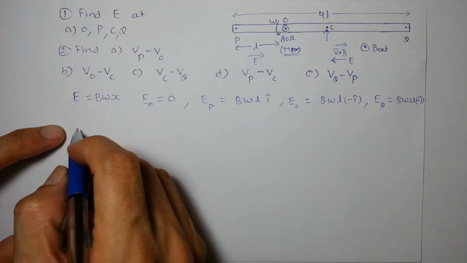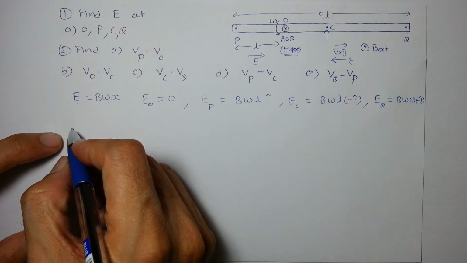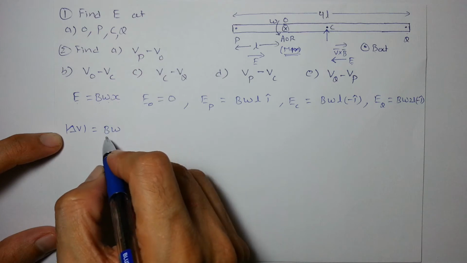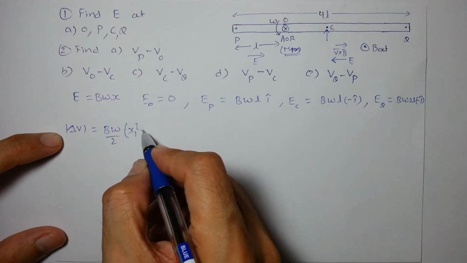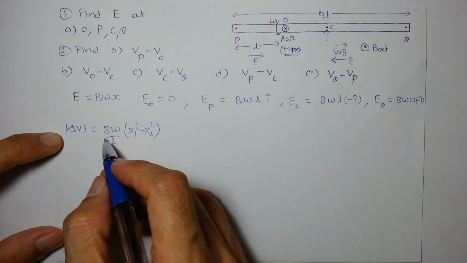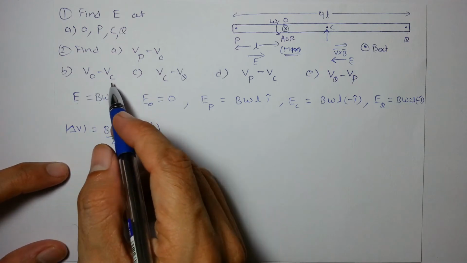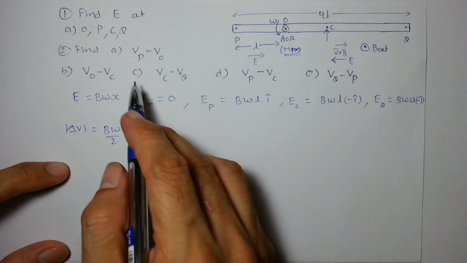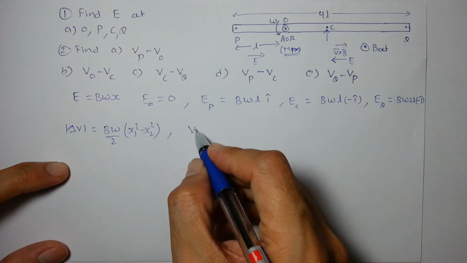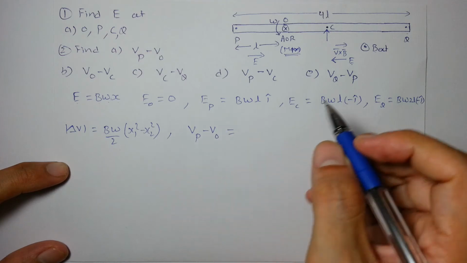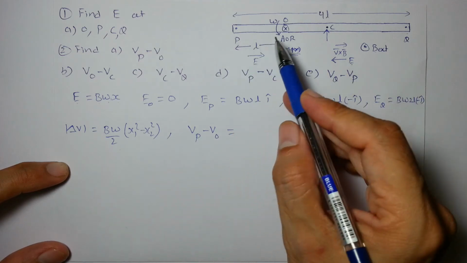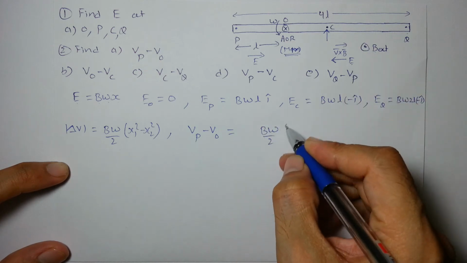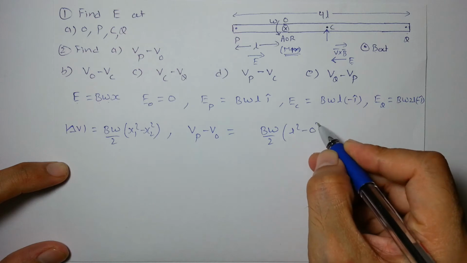Now we have to find the potential difference. We know that the potential difference, mod delta V, is simply B omega by 2 times x1 square minus x2 square, and we give the sign as per which is larger or smaller. Let's start with the first one, Vp minus Vo. P is at a distance L, O is the axis, so the value will be B omega by 2 times L square minus 0 square.